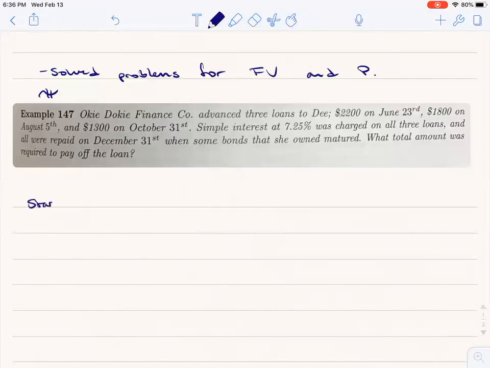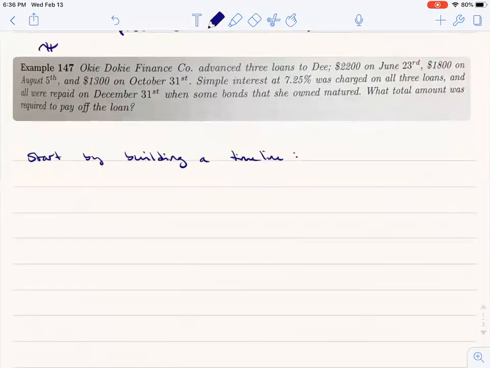And so we'll start by building a timeline. So just kind of fill up your page. You'll want as much space as you can. Okay.